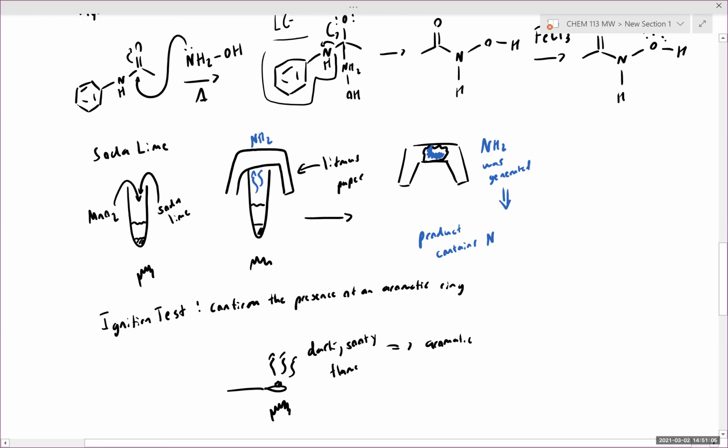Does everyone understand the purpose of the soda-lime test? It allows us to confirm the presence of nitrogen. So by combining the observations from each of these tests, we can conclude whether or not we prepared acetanilide or whether we have aniline still remaining.